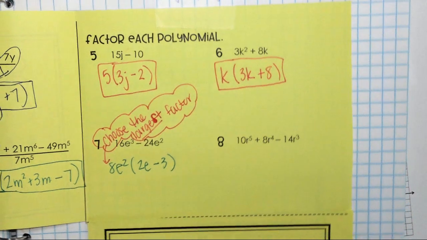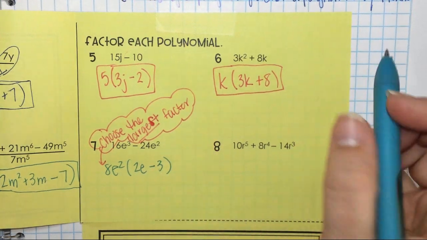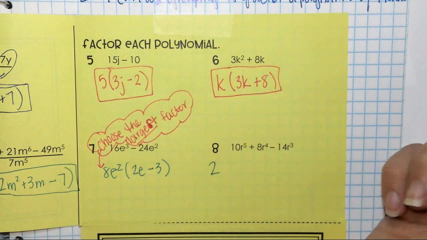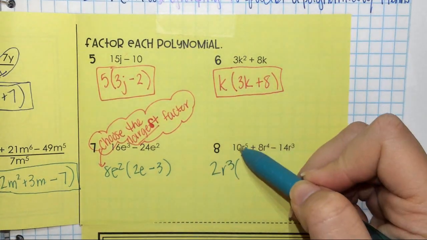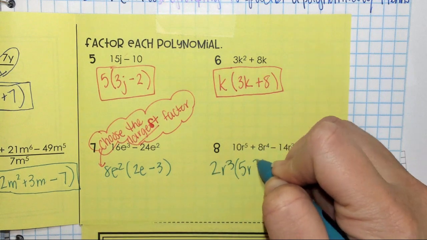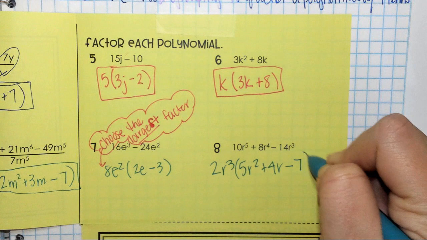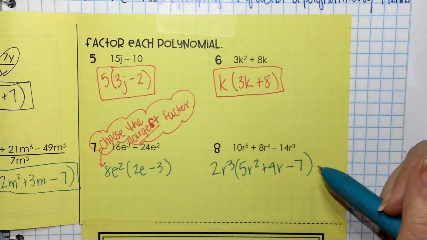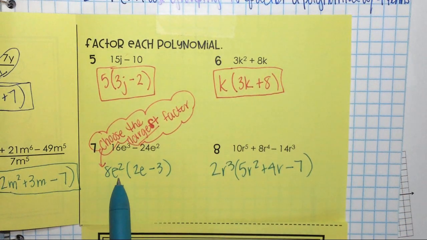All right, so for 8, what's the greatest common factor? 2r cubed. Good. Y'all take a point. All right, and then 10 divided by 2 is 5r squared. 8 divided by 2 is 4r minus 7. Did we do better on that one? All right, so was the problem here we just didn't take the biggest number?